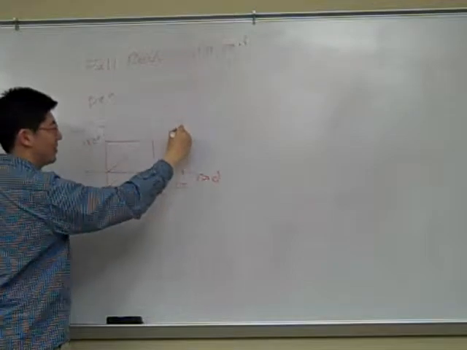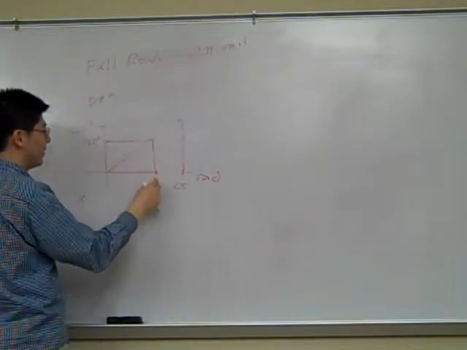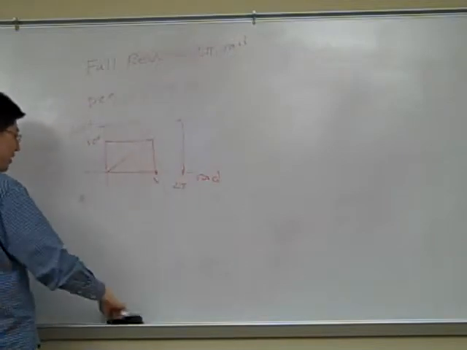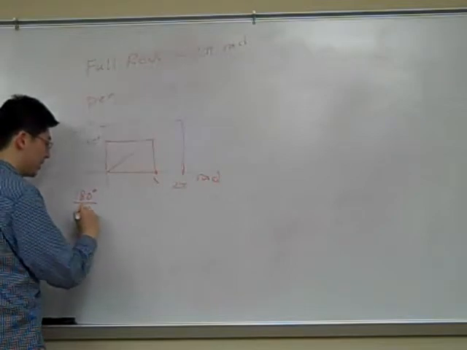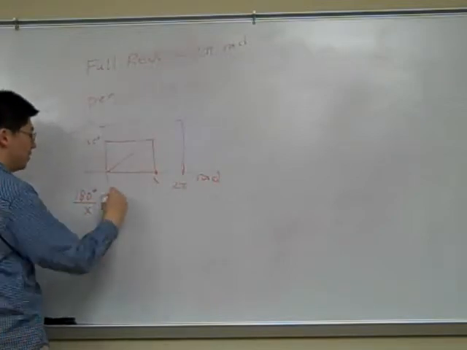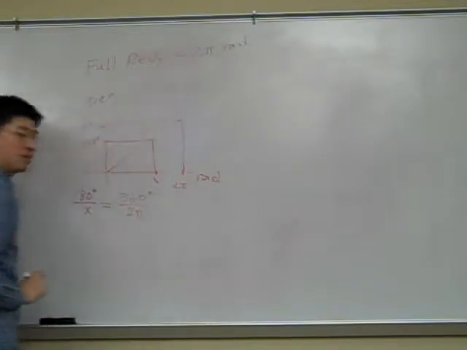So you see there's two similar triangles, and as we know from similar triangles, 180 degrees is to x as 360 degrees is to 2 pi.